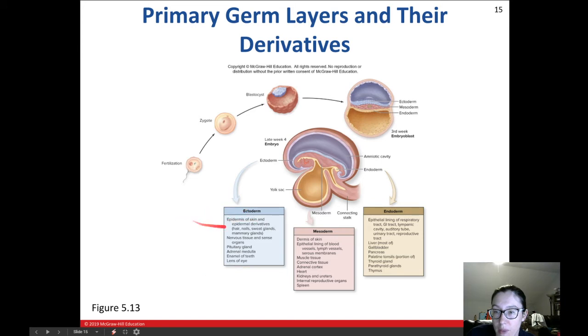So ectoderm is going to be the nervous tissues and sense organs, the epidermis of the skin and the outer stuff, the pituitary gland, adrenal medulla, things like that. Both of those are going to be secretory. They secrete a lot of stuff.